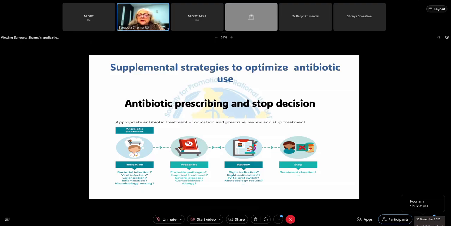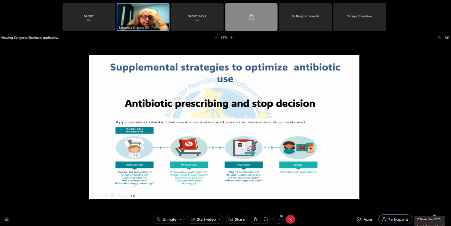Meanwhile, you may get a diagnosis that this was not a bacterial infection, it is a viral infection or something else, and this is not the right drug. But since we are not reviewing, we don't get to know, and we don't get to switch therapy to suit these patients. So review is very important.